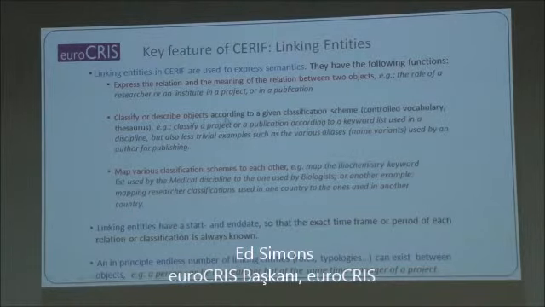The second function is to classify or describe objects according to a given classification scheme, like a controlled vocabulary, a thesaurus, a taxonomy, etc. For instance, classify a project or a publication according to a keyword list. Also, a less trivial example, for instance, to connect the various aliases or name variants used by an author for publishing.